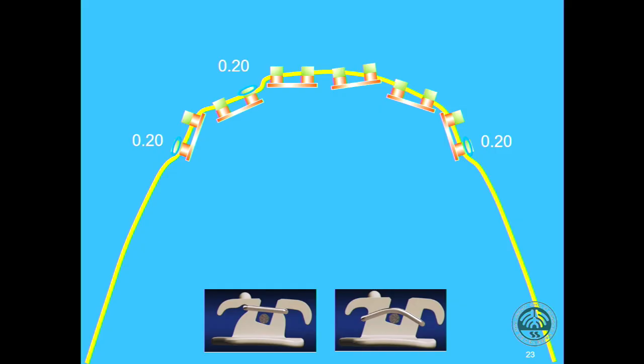But for medium rotation teeth, can you see which tooth is a medium rotation tooth? You can use a 0.25 ligature, and for mild rotation, you can choose a 0.3 ligature. Which one? Yeah, that's medium. That's mild.